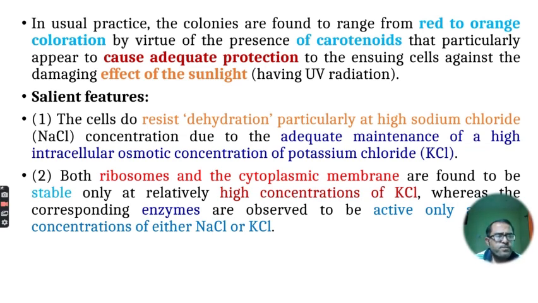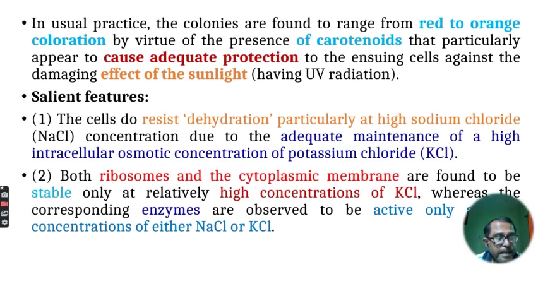Now there are various features which are shown by this group of bacteria. This halophilic bacteria resist dehydration, particularly at high sodium chloride concentration, by maintaining inside their cell higher concentration of potassium chloride.